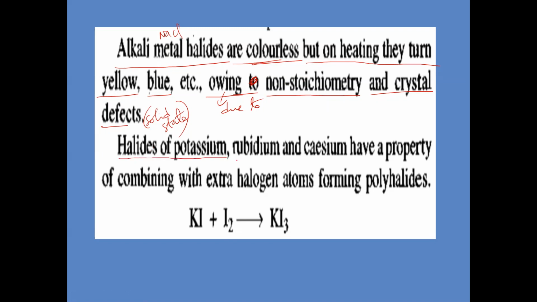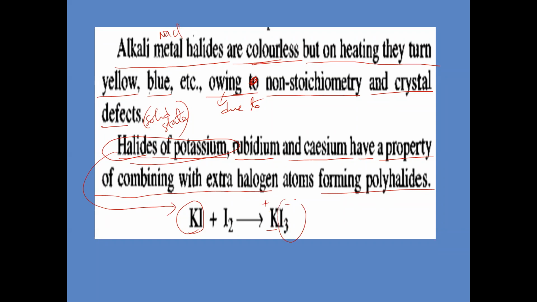Halides of potassium, rubidium and cesium have a property of combining with extra halogen atoms, forming polyhalides. Potassium iodide is a halide of potassium. When it reacts with iodine, it will form KI3. In this KI3, K+ is the cation and I3- is the anion.